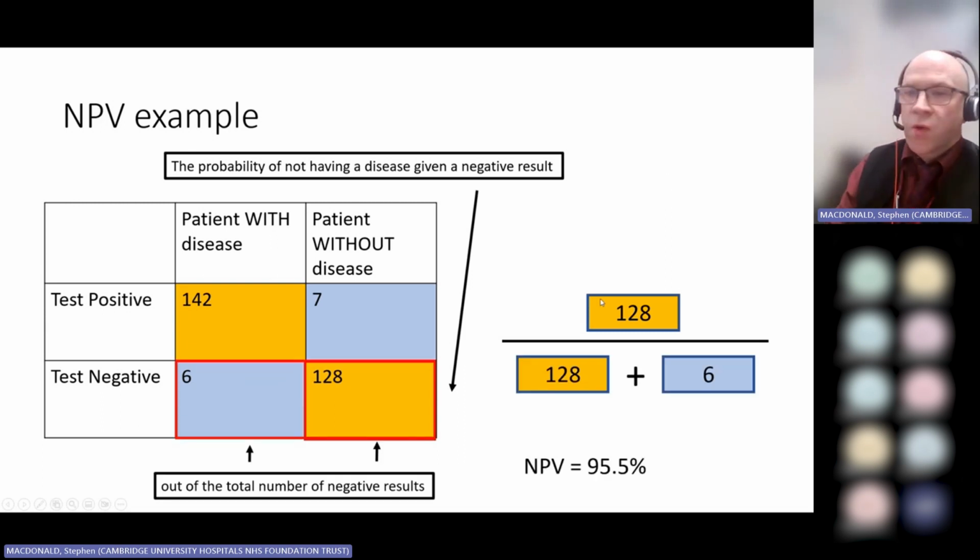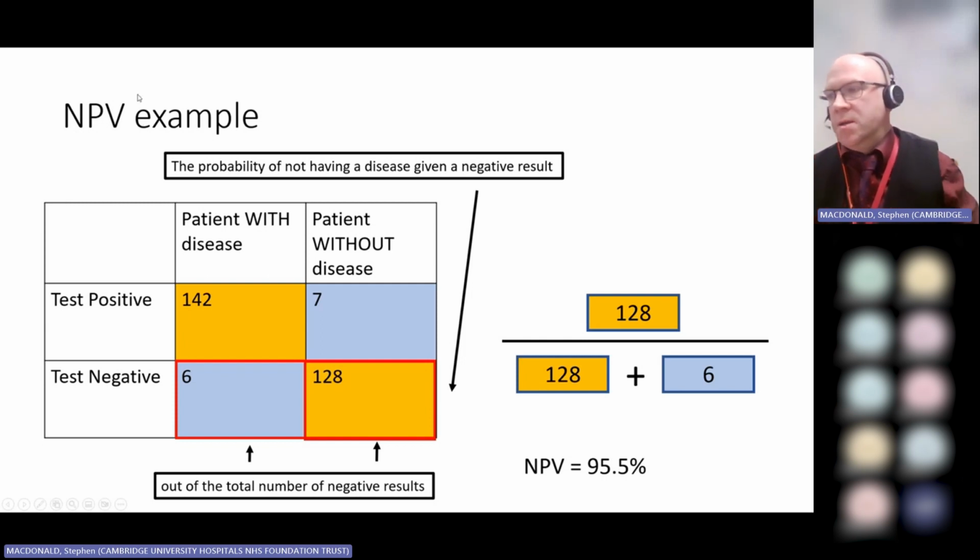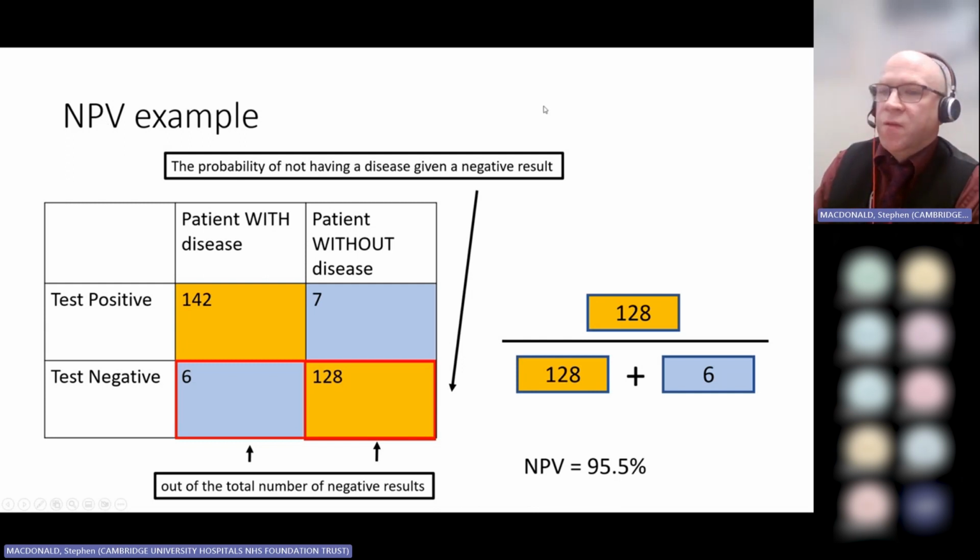And looking through the numbers, that's absolutely borne out. So both of these tests have good sensitivity and specificity. They also have good positive predictive value and negative predictive value. They don't necessarily go hand in hand because different things contribute to different aspects of those metrics.